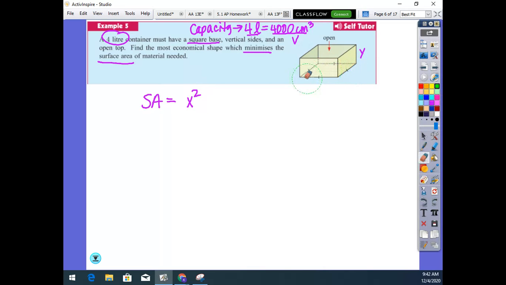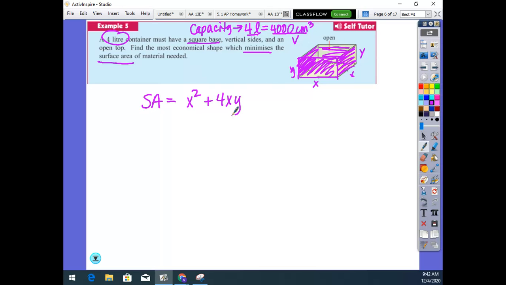Now let's think of the face. This right here. This is x and this is y. Oh, this is y, sorry. So this area is x times y. This area is x times y. This side over on the left is xy, and this back side. So the surface area all around the sides, we have 4xy.